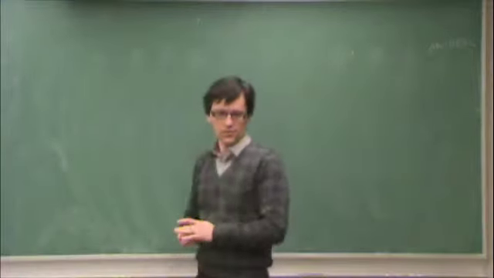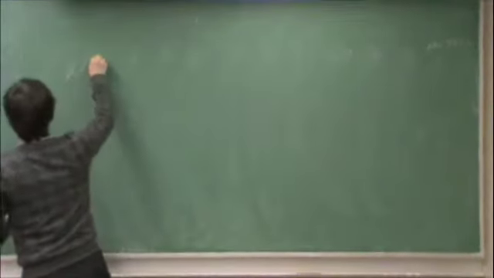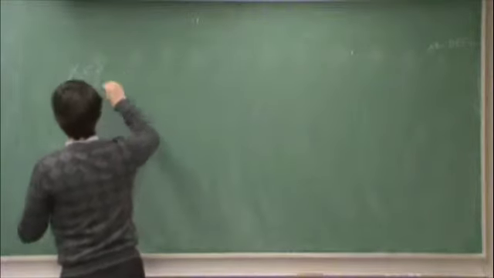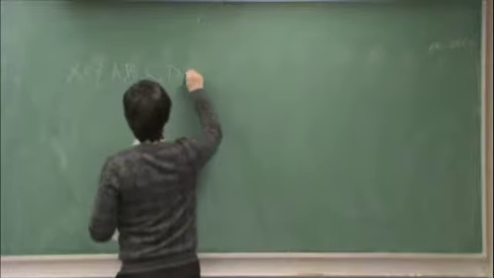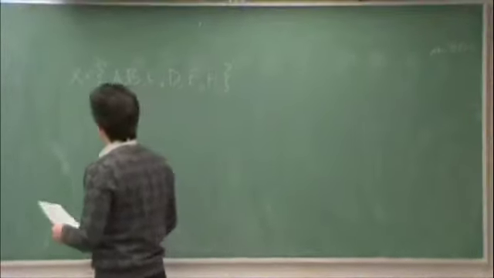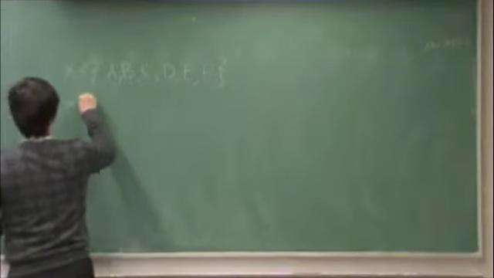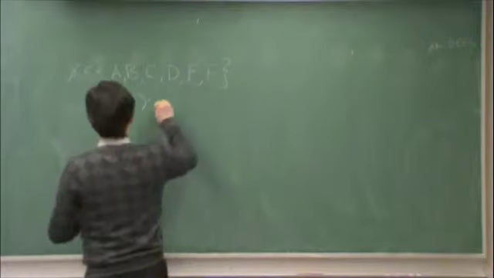Okay, let's consider the following source. I'll take ABC, DEF, where the probability of A is equal to the probability of F, which is 0.1.